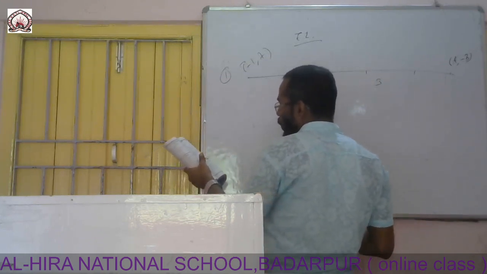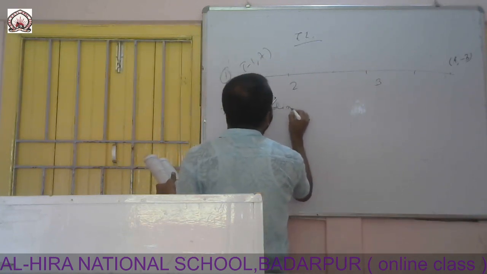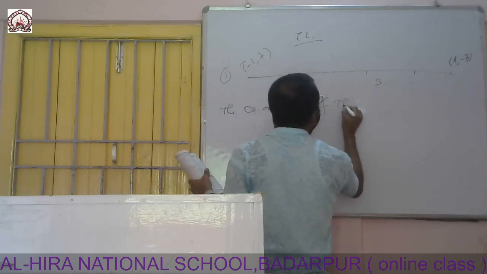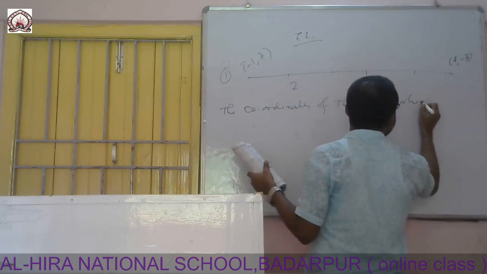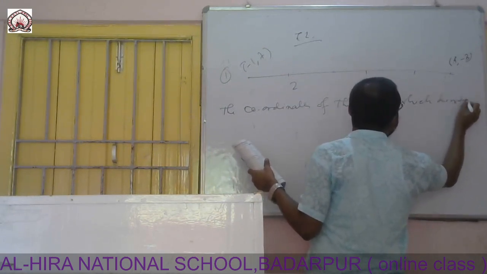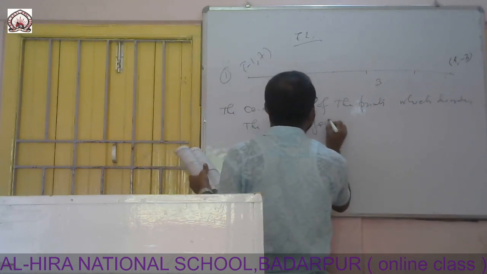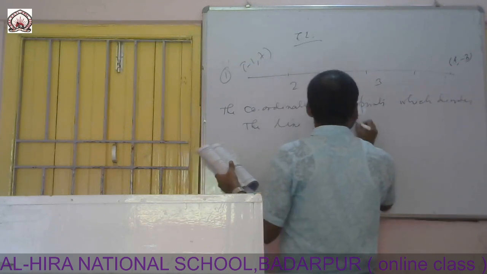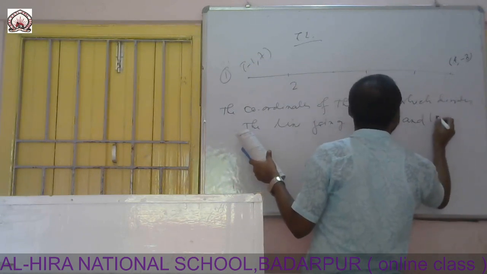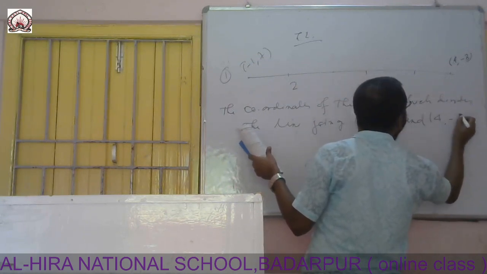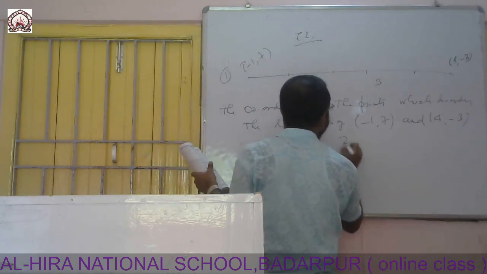Therefore the coordinates of the point which divides the line joining (-1, 7) and (4, -3) in the ratio 2:3.